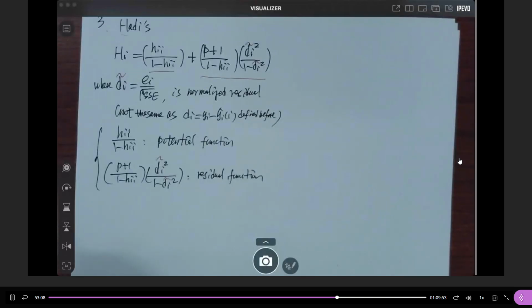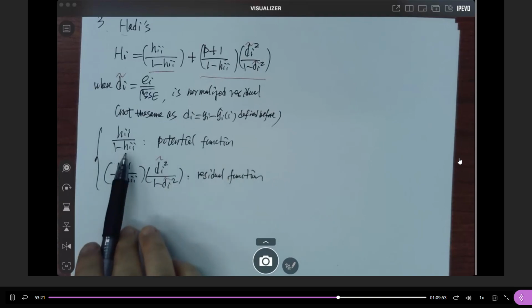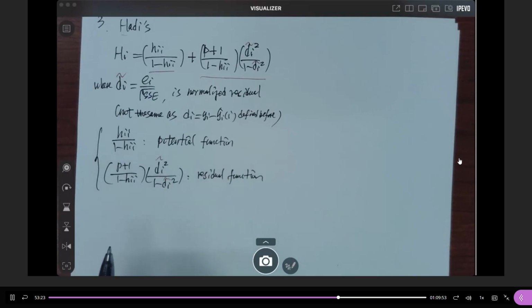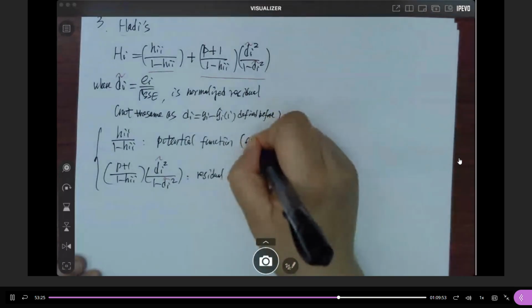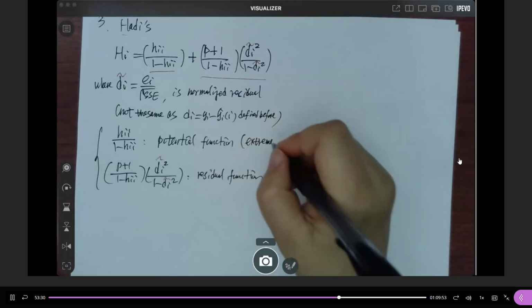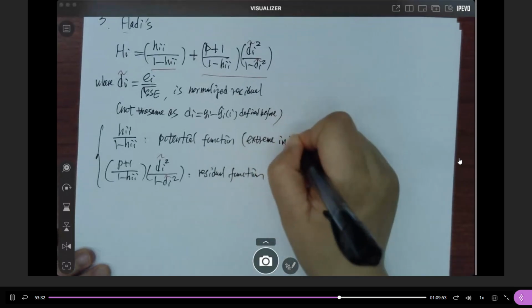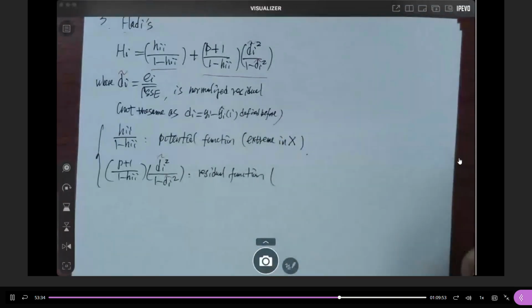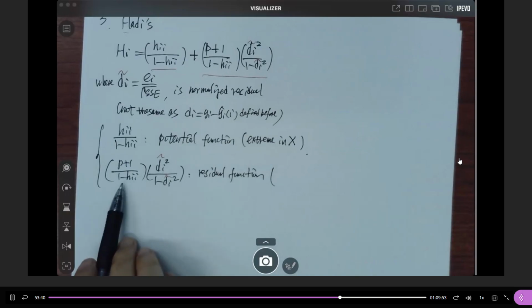So what does the potential function measure? You have HI here, 1 minus HI. Leverage, yes. So it measures how extreme it is in X, or the outlierness in X. How does the residual function measure? Of course, it's also multiplied by 1 minus HI.